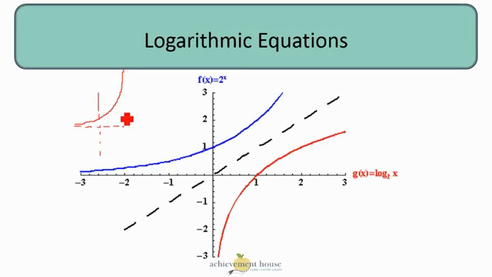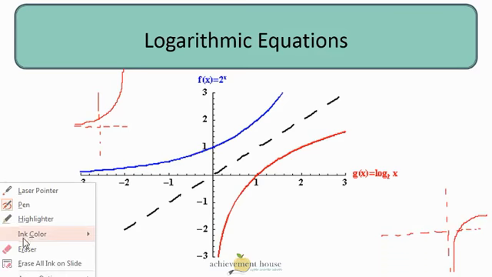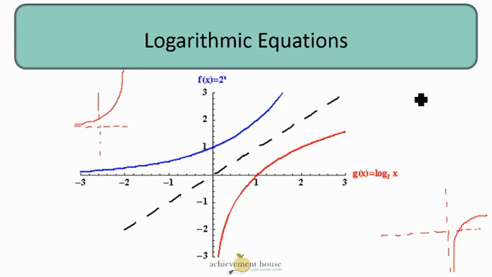Well, a log is the inverse, so it's actually going to start really big and then taper off to a certain level. And you can see you have y equals x as your reflection line here. You can see the symmetry between the two inverse functions when they are graphed over y equals x.